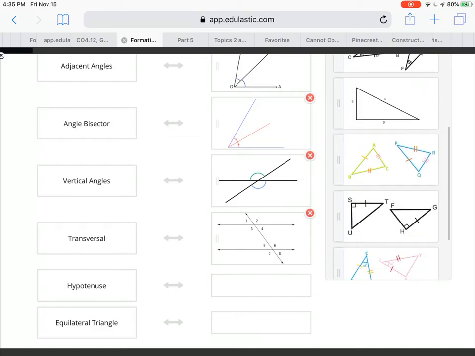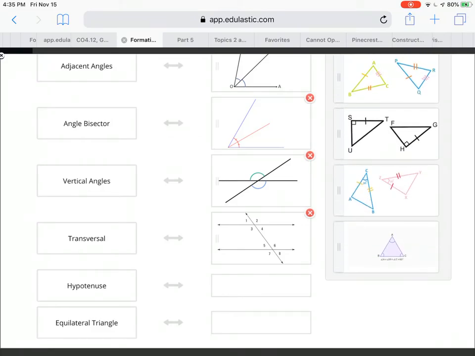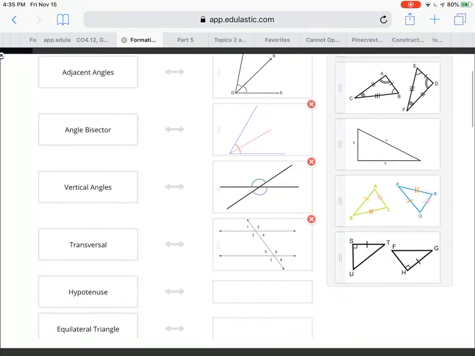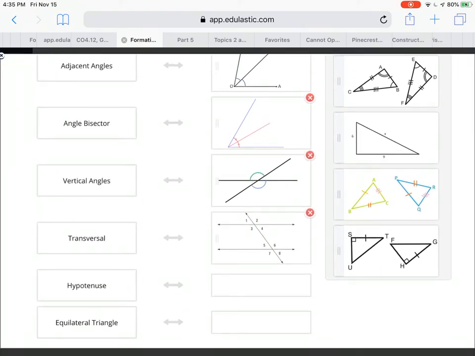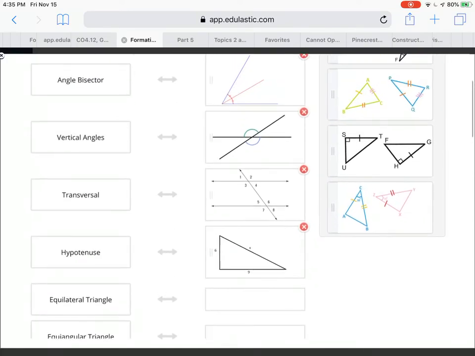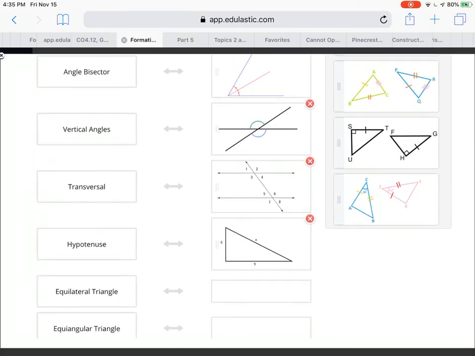Okay, so it's this image right here. It's kind of a messed up picture because it doesn't really say it's a right triangle, but that's the one.